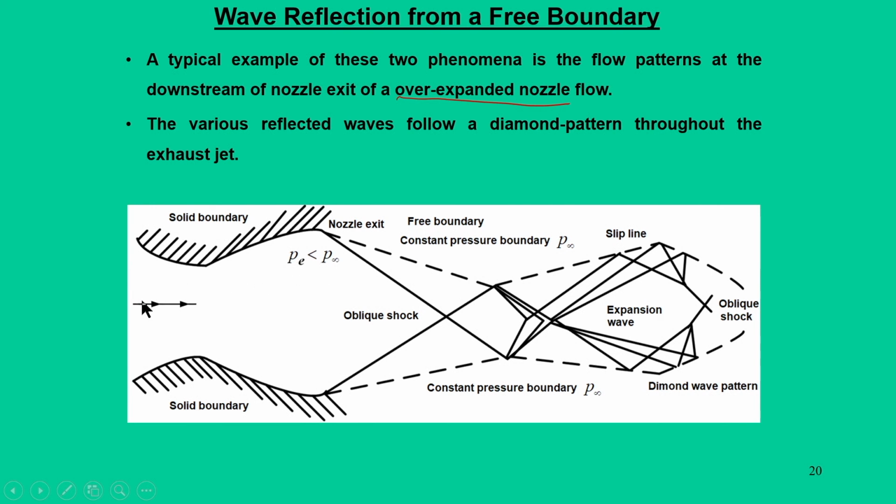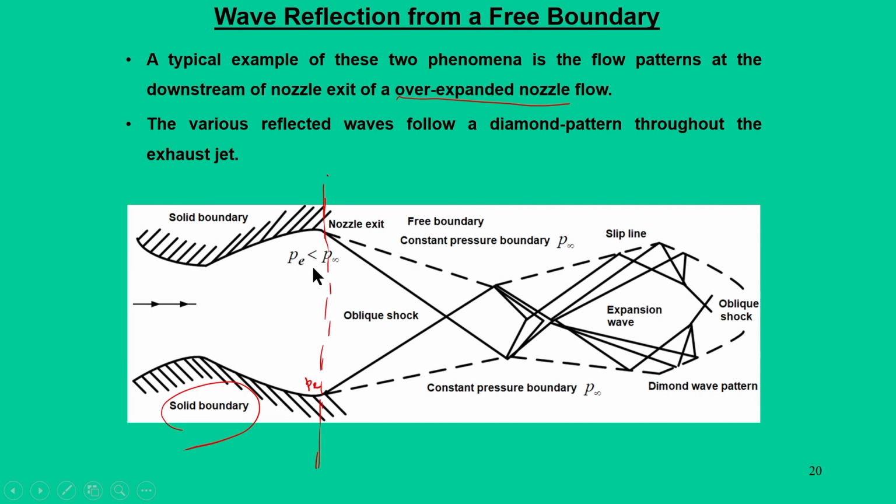Pe means, if you look at this particular nozzle, up to this point there is a solid boundary, and the flow expansion takes place in a converging diverging nozzle. The exit pressure at this end of the solid boundary we call Pe.